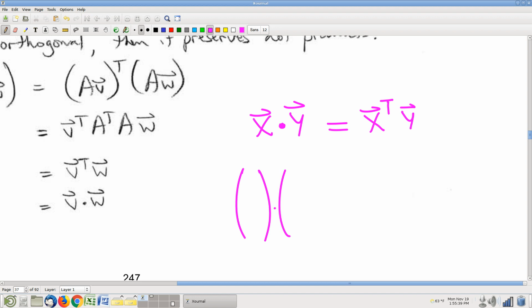The dot product, right, you take the two vectors, the x and the y here, and when you write the elements, you multiply and add in the usual way. Okay. What is a matrix product here? X transpose y. Well, X transpose is going to look like that, right? We're going to take the vector x that was a vertical column vector, transposing it makes it a row matrix, right?